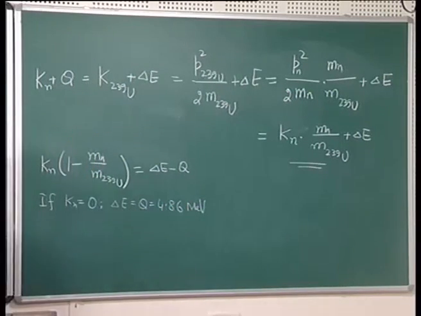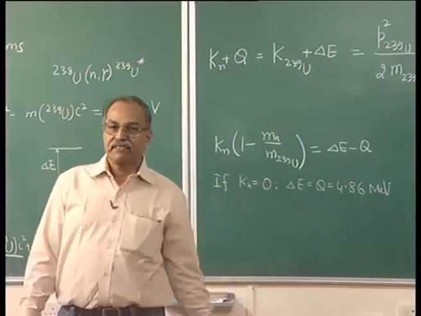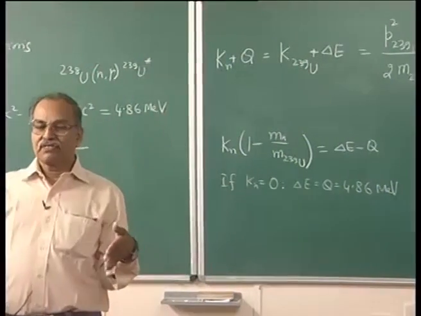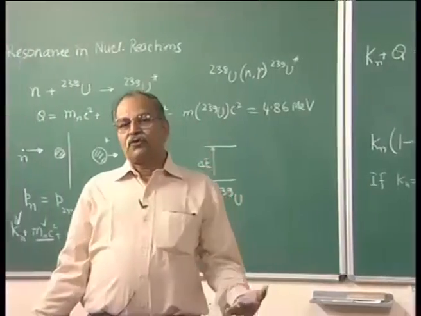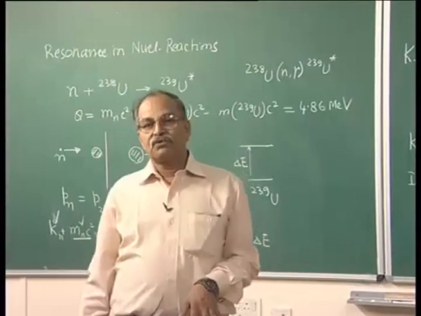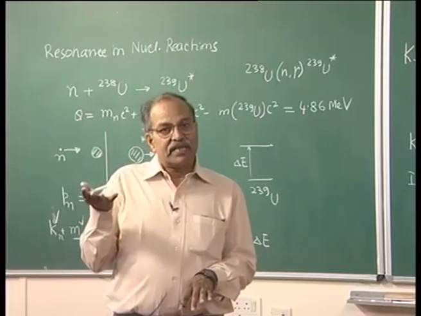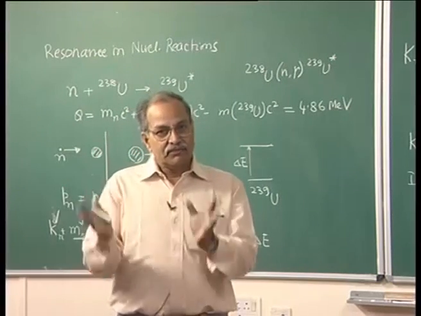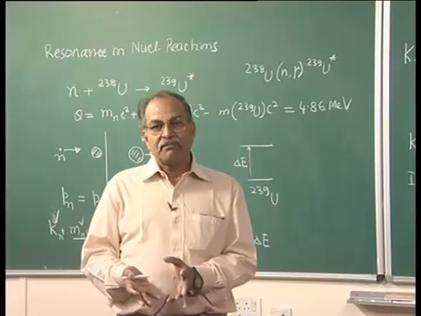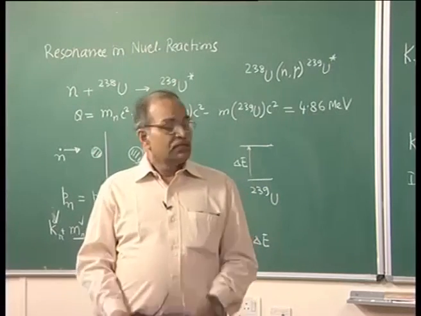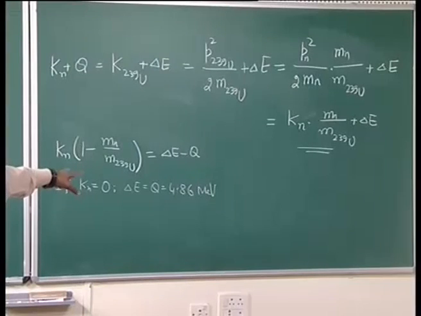Whatever Q I am writing here, in 2 decimal places, 3 significant digits, whatever is the value of Q for this reaction, this almost 0 energy neutron, if it is absorbed, will excite the final nucleus, uranium 239, that is formed by capturing this neutron, to the energy level close to 4.86 MeV.